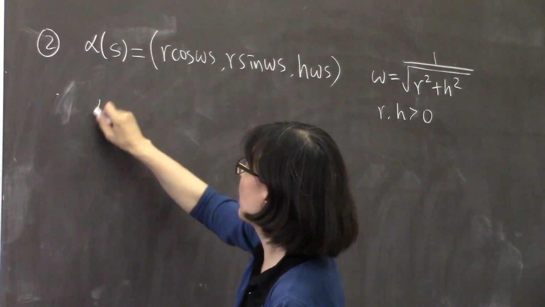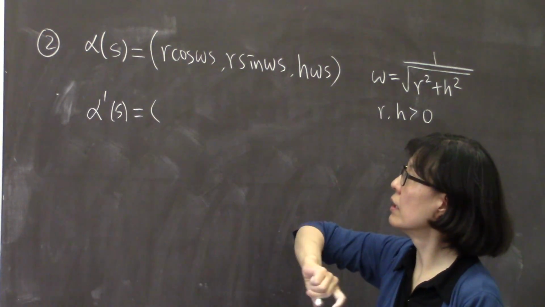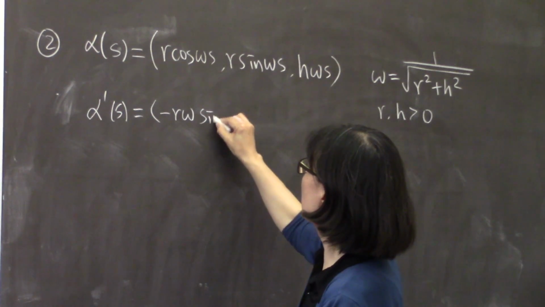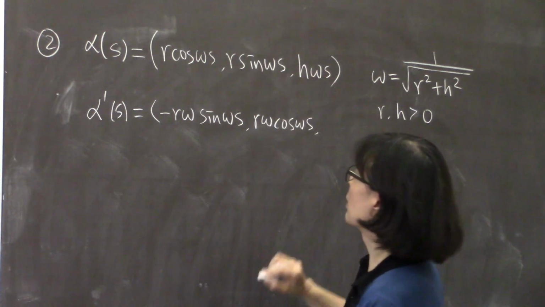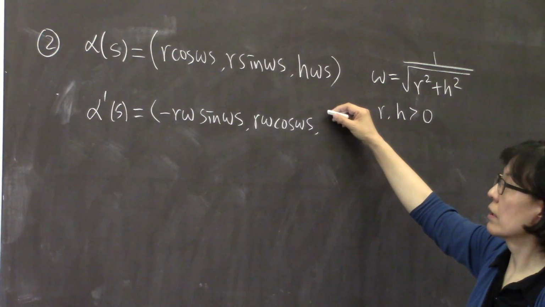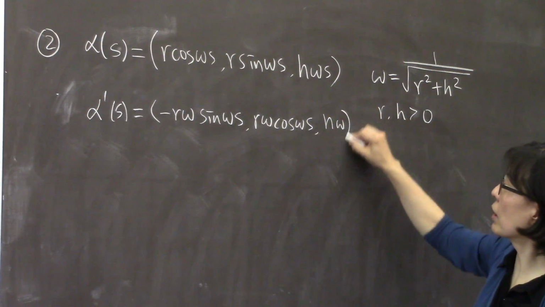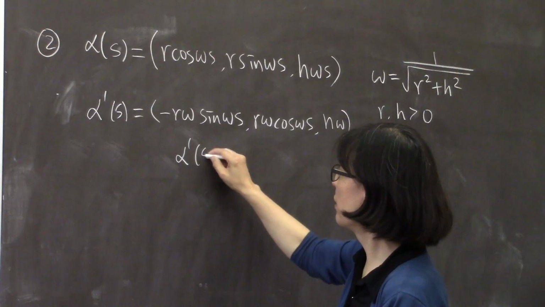Let's see whether that is unit speed or not first. Minus R omega sine, then R omega cosine, then H omega, right? Then what is the magnitude of that?